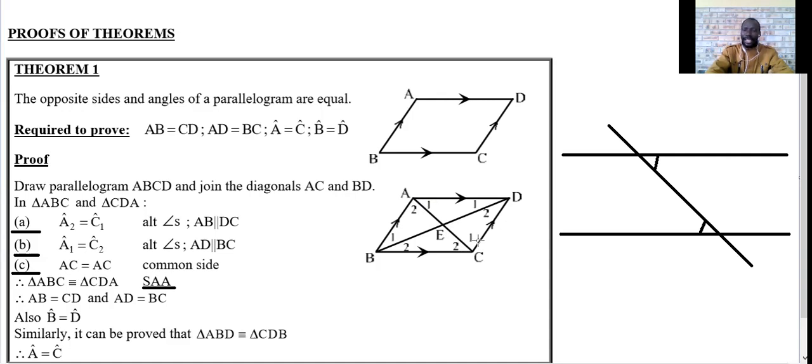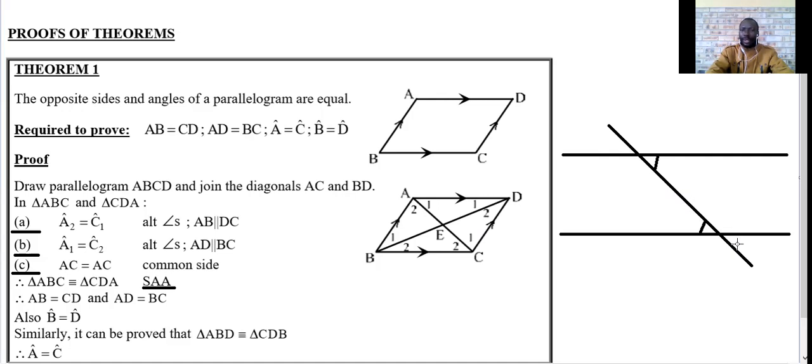The reason there is that they are alternate angles. Then the other thing is to look at the common side. So you say AC for the first triangle equals AC of the other triangle, basically saying AC equals AC. Why? Because it's a common side. It's shared by both triangles.